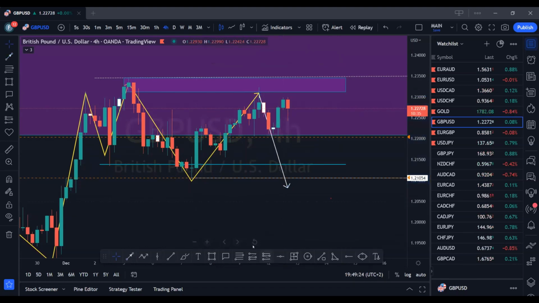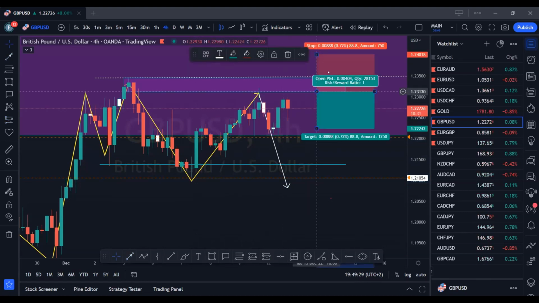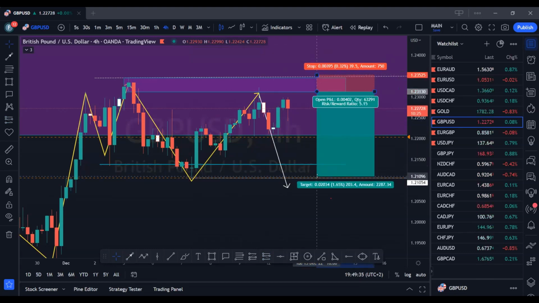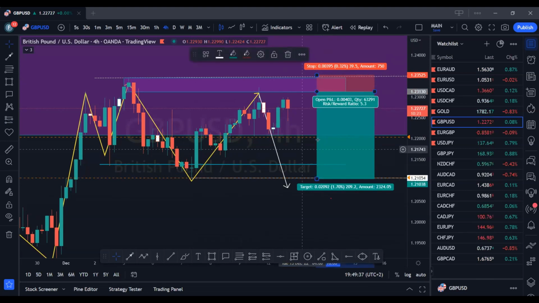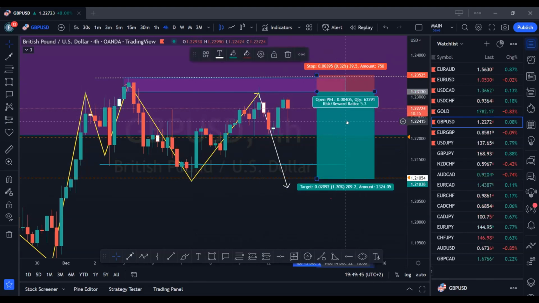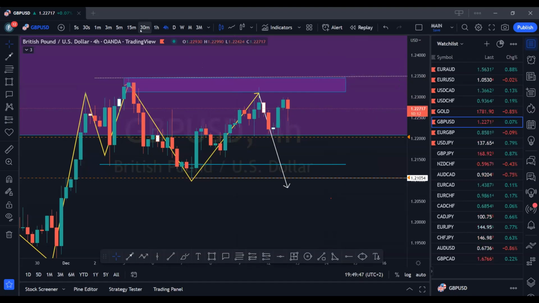So ideally on H4, if you are taking entry here, you'll put your stop loss a bit above the zone, and your take profit at least at this zone. So that is a 1 to 5 risk to reward. Now that possibly you missed this entry, let's find another entry on a lower time frame.